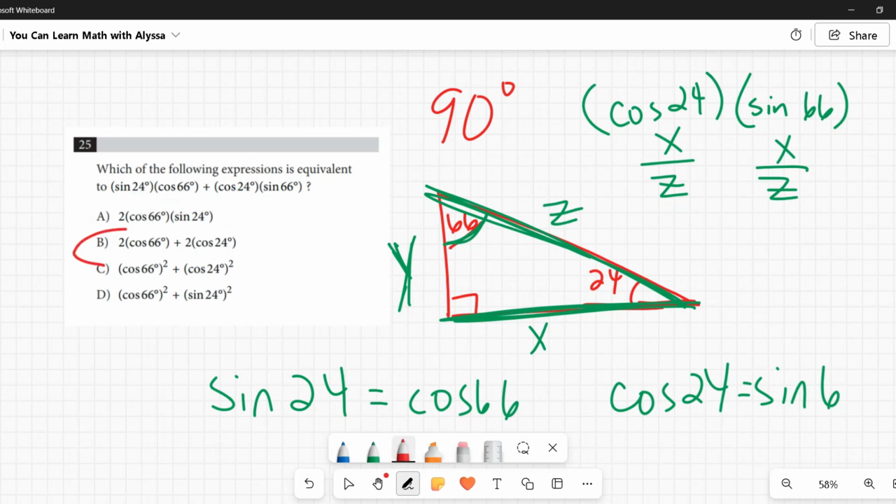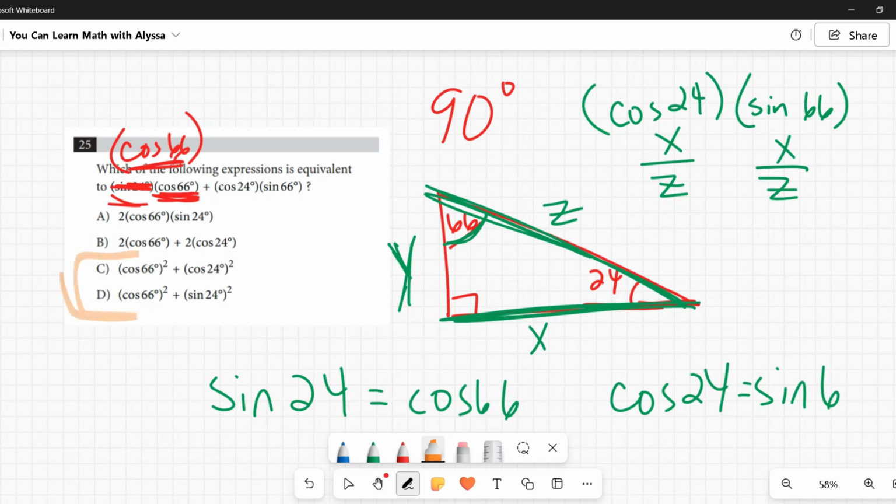Number 2, 2 times the cosine of 66 plus 2 times the cosine of 24. Well, sine of 24 and cosine of 66 are the same thing. So I could put cosine of 66 in here for sine of 24. But is that 2 times the cosine of 66? No, this is the cosine of 66 times itself. So that would be cosine of 66 squared.